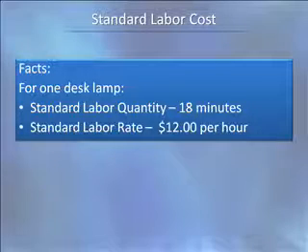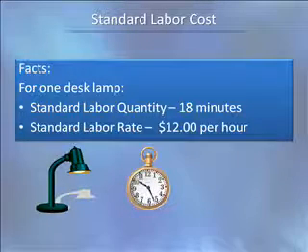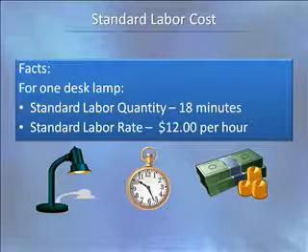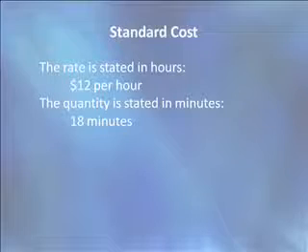So let's look at some facts. For one desk lamp, standard labor quantity should be 18 minutes. Standard labor rate should be $12 per hour. The rate is stated in hours, $12 per hour. The quantity is stated in minutes, 18 minutes.